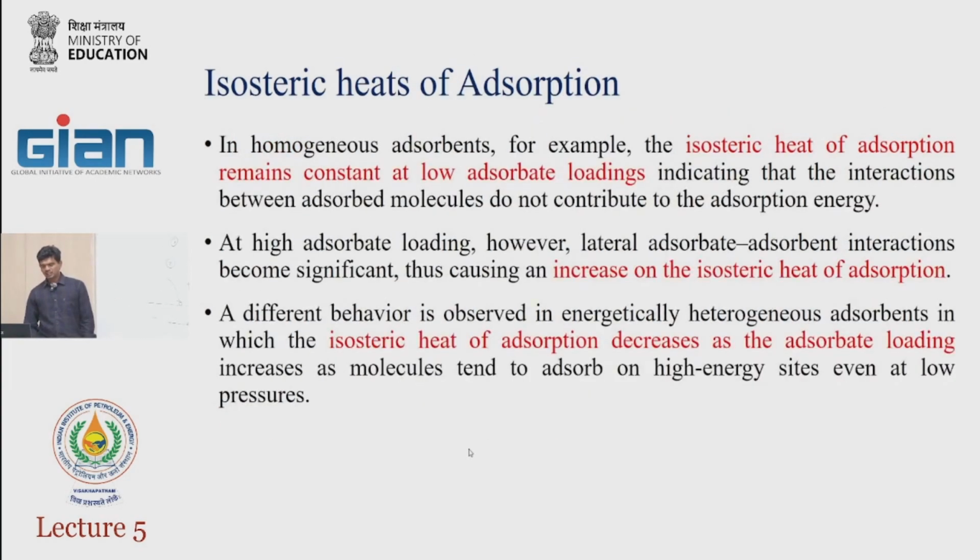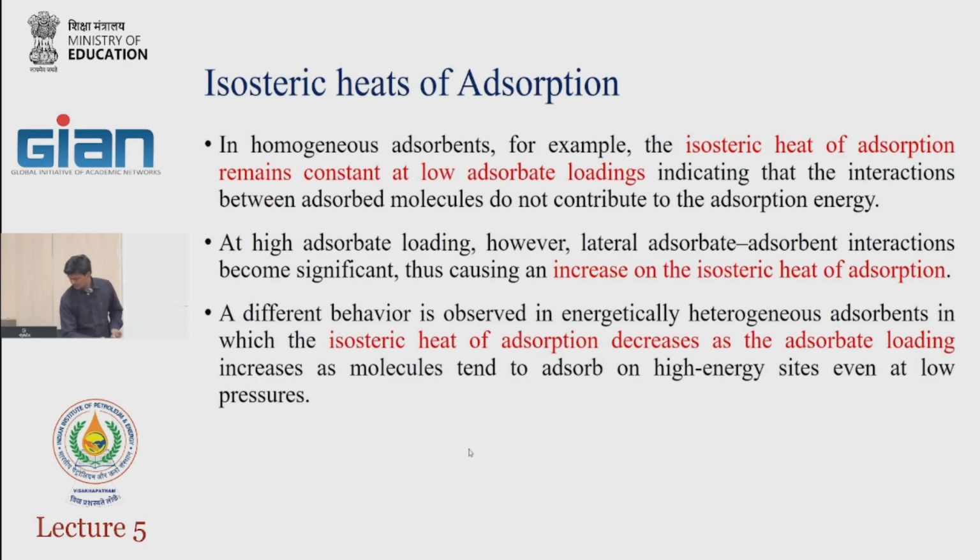What we usually observe, although it will not be the same for all cases, is this general behavior. In homogeneous adsorbents, the isosteric heat of adsorption remains constant at low loading. That means at very low pressures it is constant with respect to the loading, and then it increases with increase in the loading.